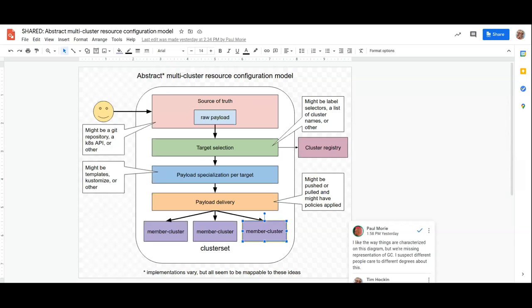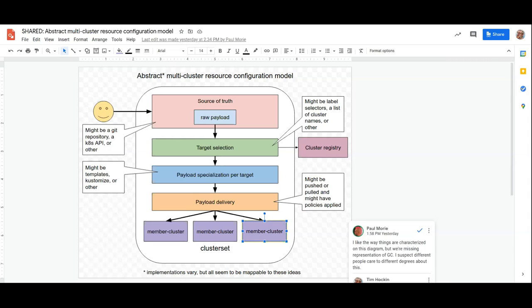I think depending on what scheme your payload delivery step has, it might vary. I could see payload delivery distributing a resource that says install this chart.